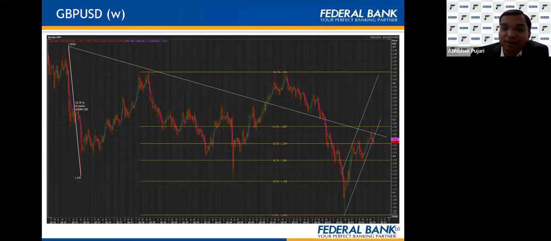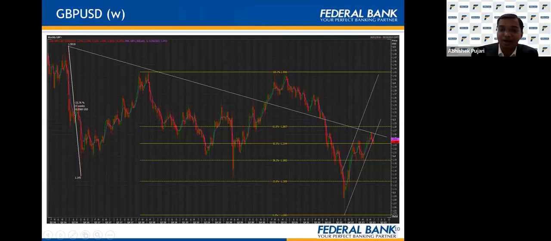Currently, GBP is trading around 1.2380, and this particular level falls between the golden levels of Fibonacci, between 61.8% and 50% retracement of this entire move.